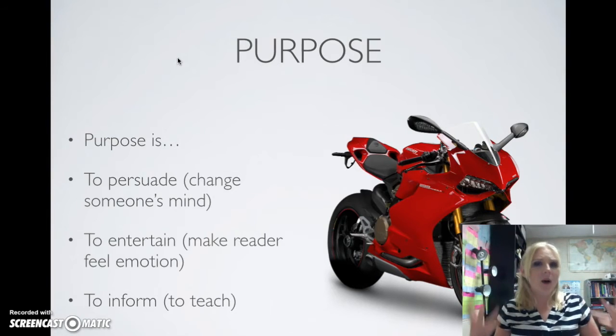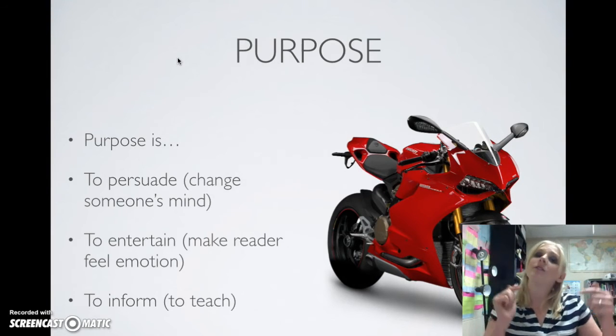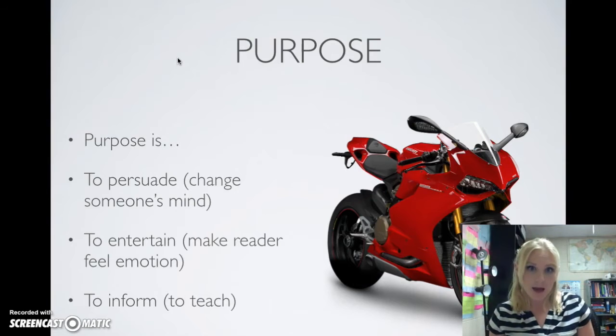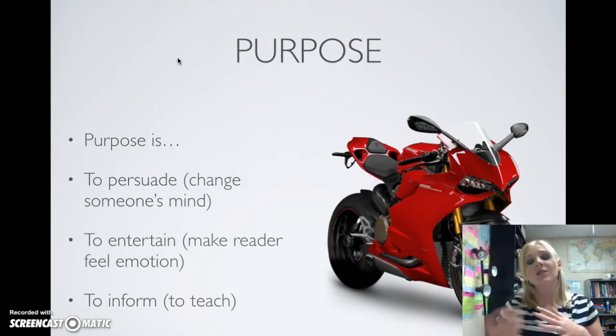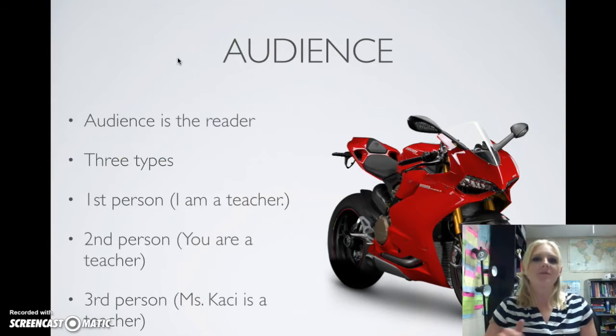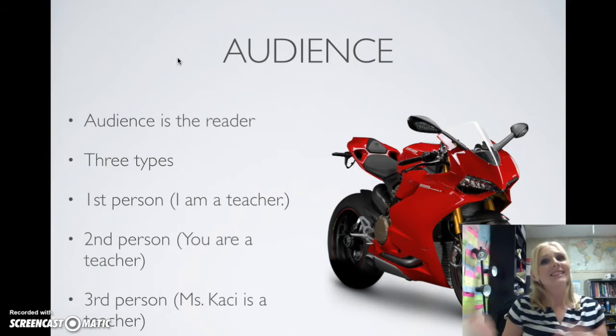Talking about the reasons why the writer writes, like we said. Now in class we talked about there are 3 different purposes. We have to persuade or change someone's mind, to entertain or make a reader feel emotion, or to inform or to teach.